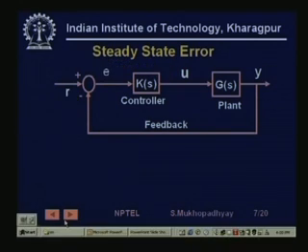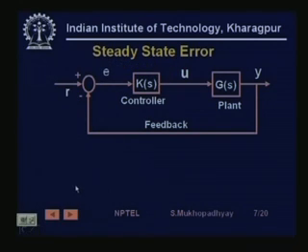So how to obtain that? We want that this is the steady state error, that is, limit of t tending to infinity. Typically we take a unit step response. So if the reference input suddenly changes, then as time passes, does the error go to 0? That is limit of t tending to infinity e(t).